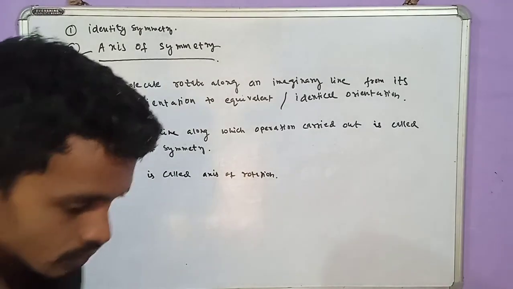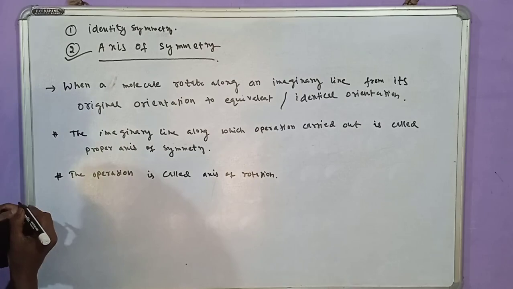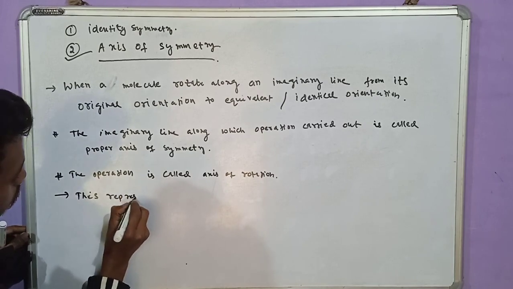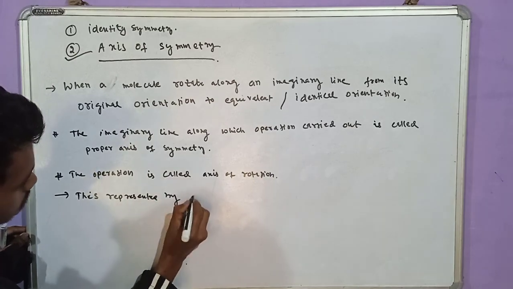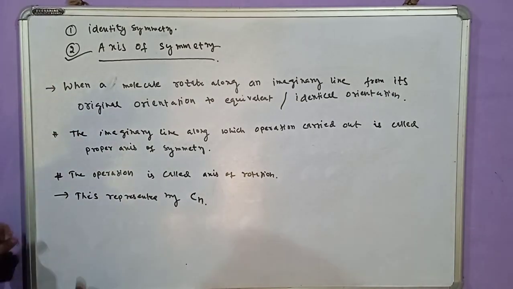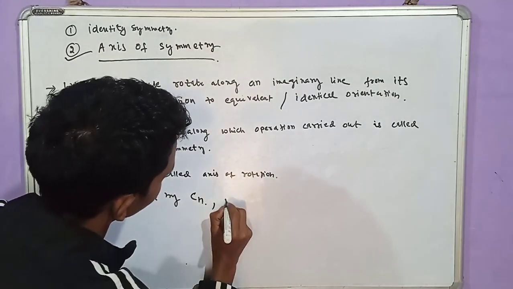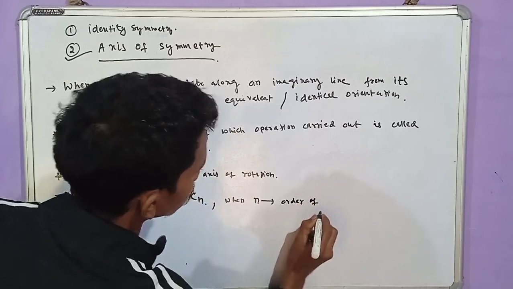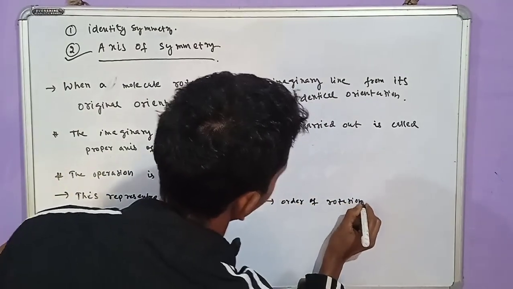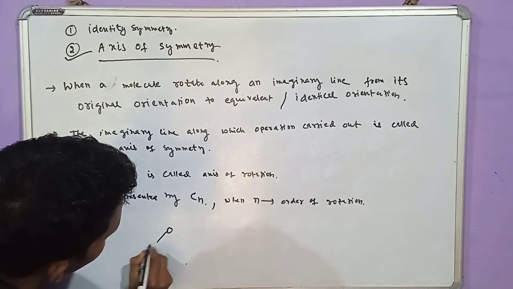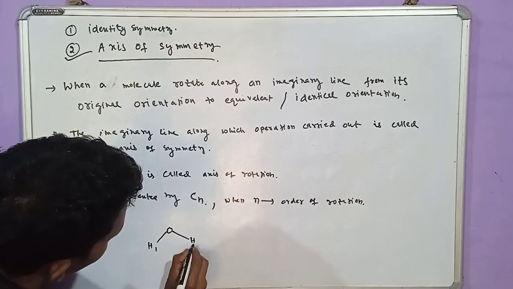This axis of rotation is represented by Cn, where C represents the axis of symmetry and n represents the order of rotation. Take the example of water, with H1 and H2.